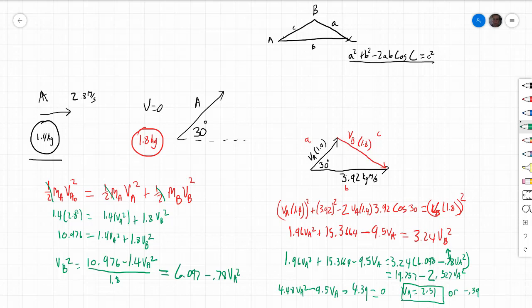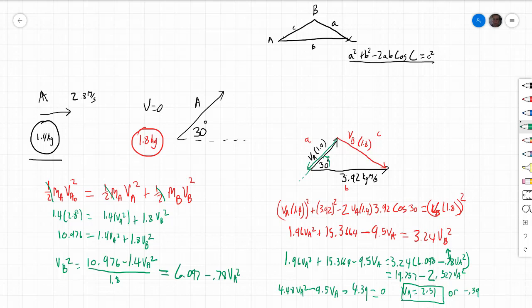If it was the negative 0.39, that would imply to us that this was going the other direction, and we know it is not because we were told in the problem that it was at this 30 degrees above its initial path, not 30 degrees below. I guess that would be 150 degrees below its initial path. And so now, since I know VA, I can also find VB.